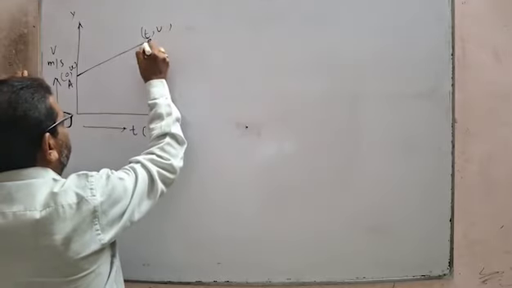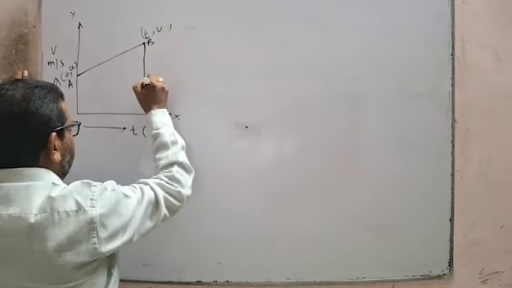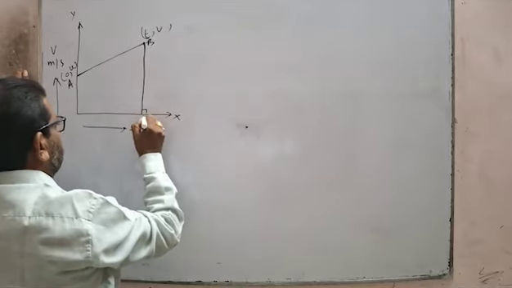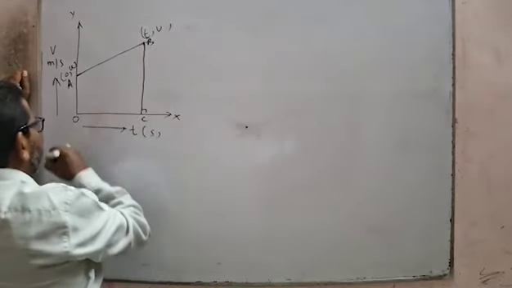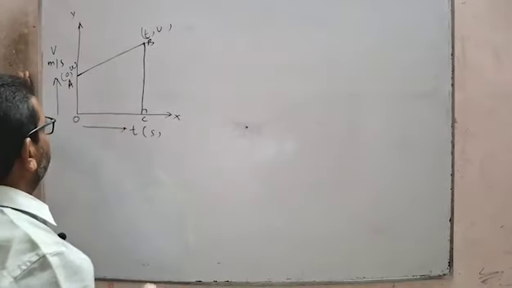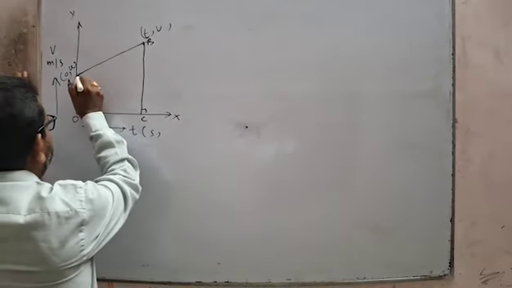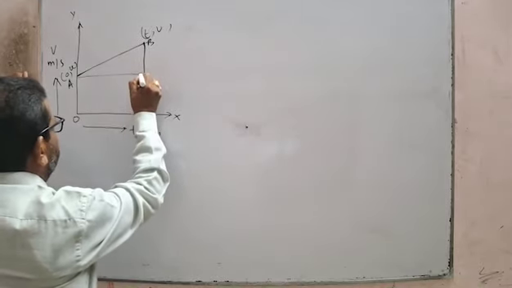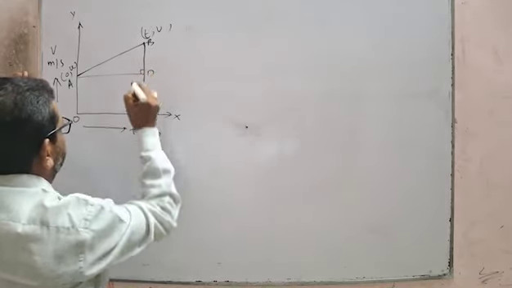Now, from the point B, draw a perpendicular on the x-axis; let me call this O. And also draw a perpendicular from A on BC, which is D.